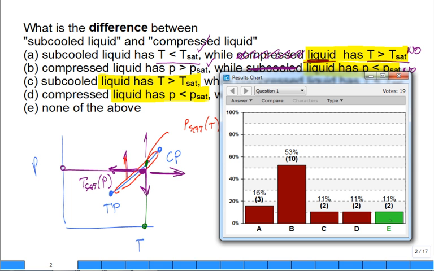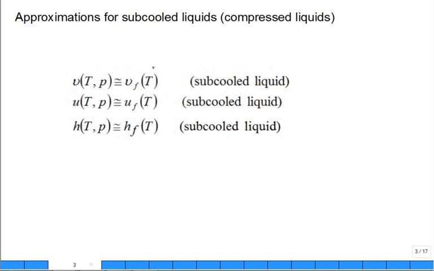But I tried to emphasize this before, is that sometimes I'll say it's a subcooled liquid. Sometimes I'll say it's a compressed liquid. It's just a liquid that's not close to saturation. Now, as you get a liquid close to being a saturated liquid, it's going to start to want to change phase, right?